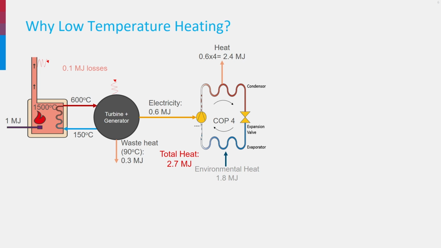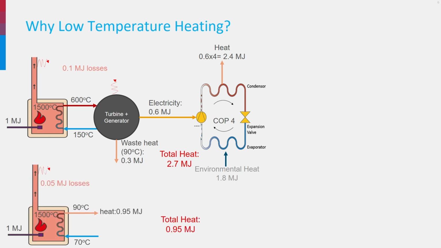But in most gas boilers, gas is burned at around 1500 degrees to produce hot water at 90 degrees, resulting in a total heat production of 0.95 megajoule instead of 2.7 above. This is an enormous waste of fuel resources. The use of high temperature for low temperature application is then a loss of the potential of high temperature.